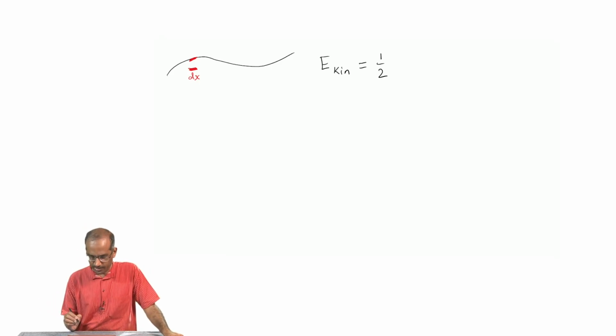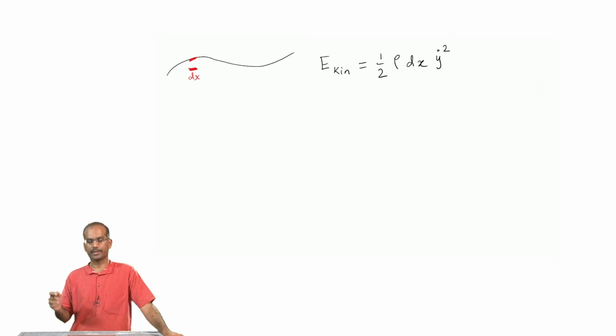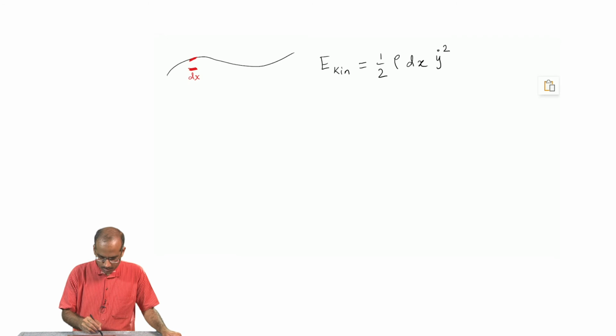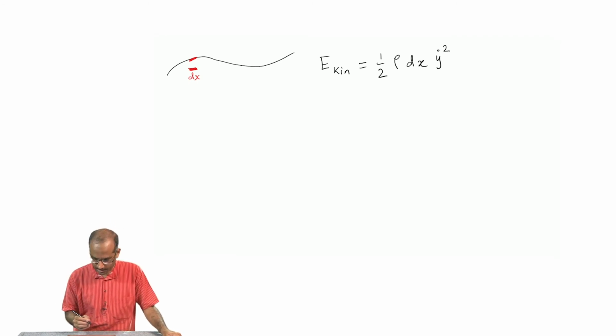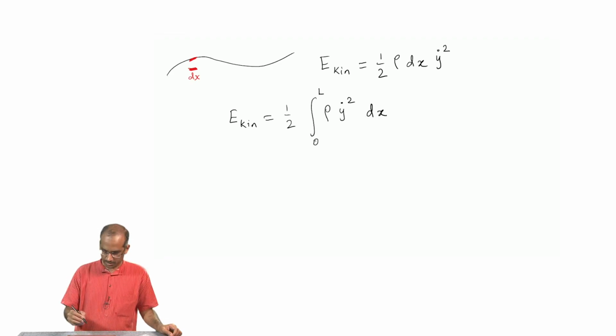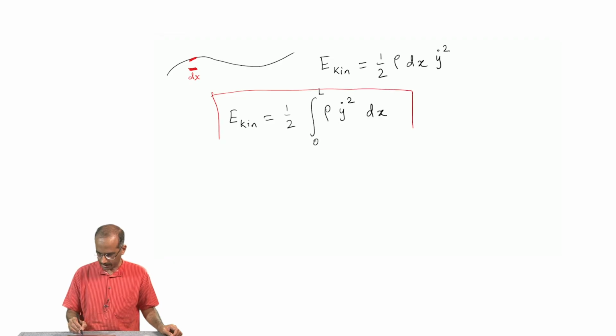Mass here is the linear density multiplied by dx, times the velocity square, which is the particle velocity. Now, I want to calculate the energy over a larger length, in which case I could write E kinetic energy to be this. So, this is my expression for kinetic energy.